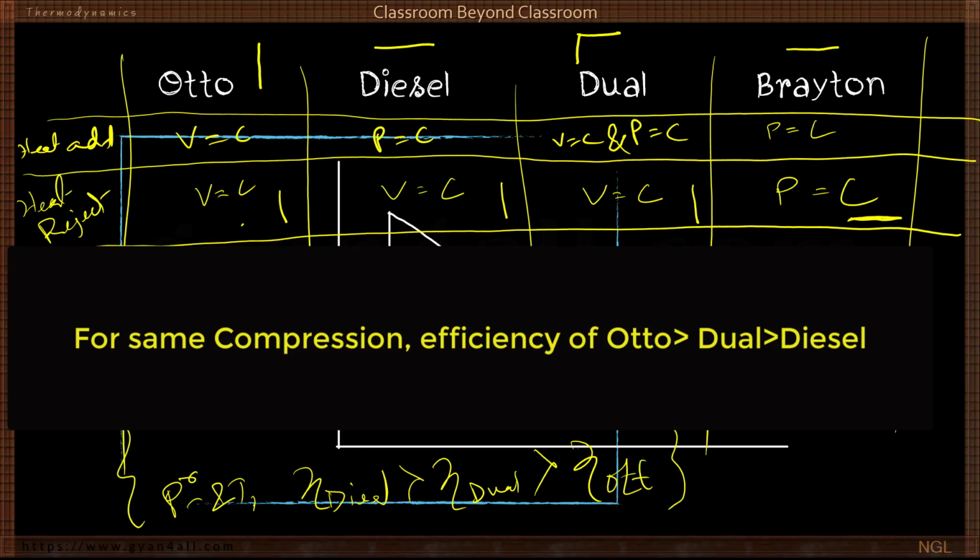If the compression ratio is the same, that means V1 divided by V2, then the efficiency of the Otto cycle is more than the efficiency of the diesel cycle. But if we consider temperature and pressure, particularly pressure, there will be one maximum pressure, one minimum pressure. So if we consider the same pressure range, then the diesel cycle efficiency is more than the dual cycle, which is more than the Otto cycle.